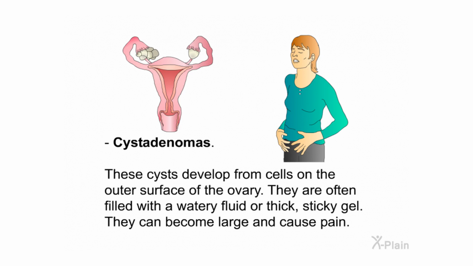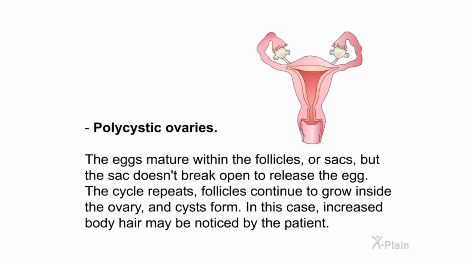Cystadenomas. These cysts develop from cells on the outer surface of the ovary. They are often filled with a watery fluid or thick, sticky gel. They can become large and cause pain. Polycystic ovaries. The eggs mature within the follicles or sacs, but the sac doesn't break open to release the egg.